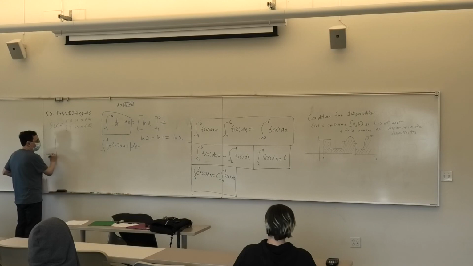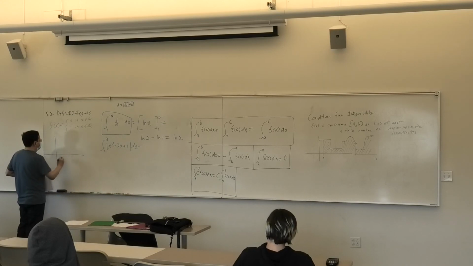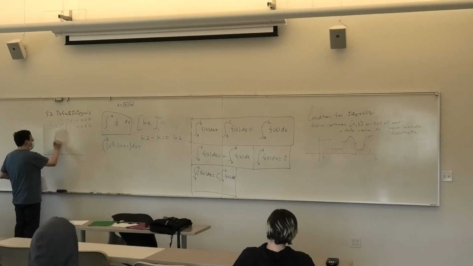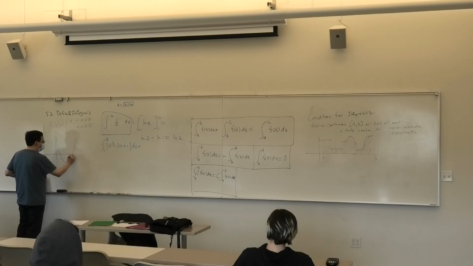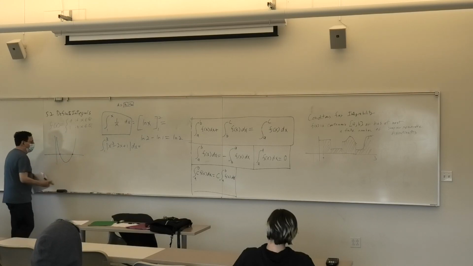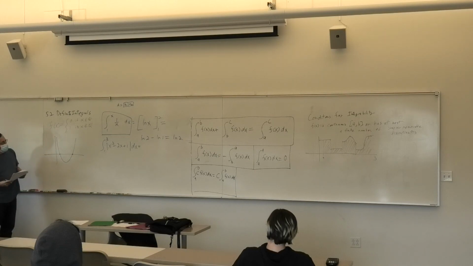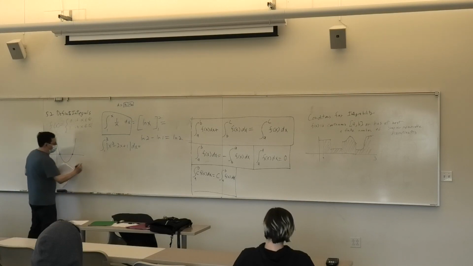If you graph this, you'll see something like, imagine something like this, where it's going to cross the x-axis. Where's it going to do that?